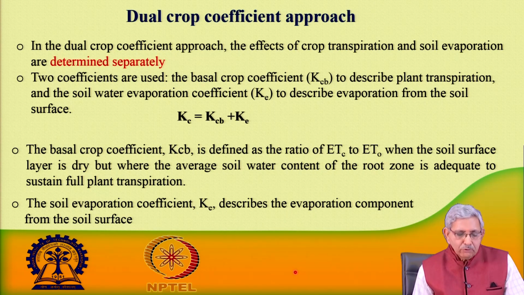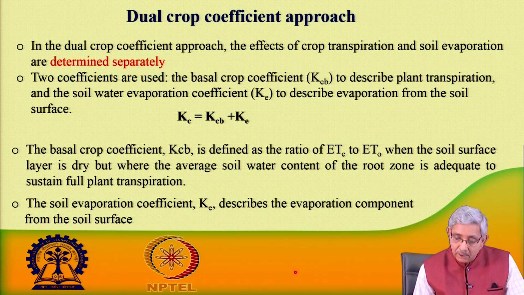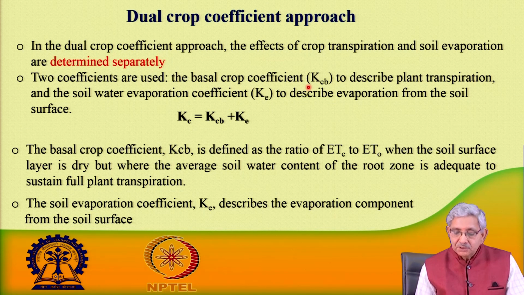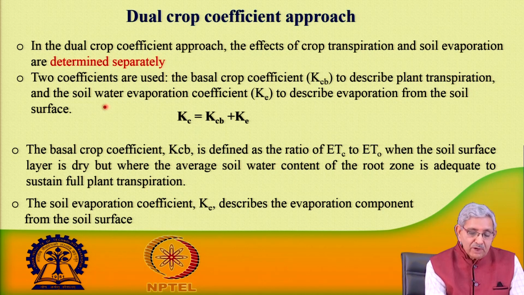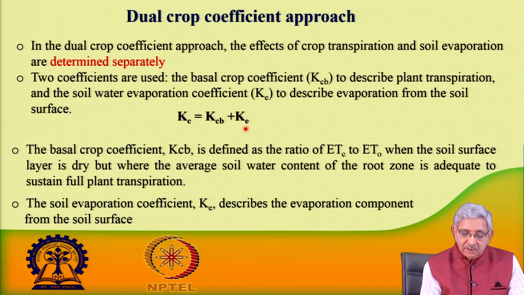In the dual crop coefficient approach, the effects of crop transpiration and soil evaporation are determined separately. Two coefficients are used. One is the basal crop coefficient, that is Kcb, to describe plant transpiration, and the soil water evaporation coefficient, which we call Ke.